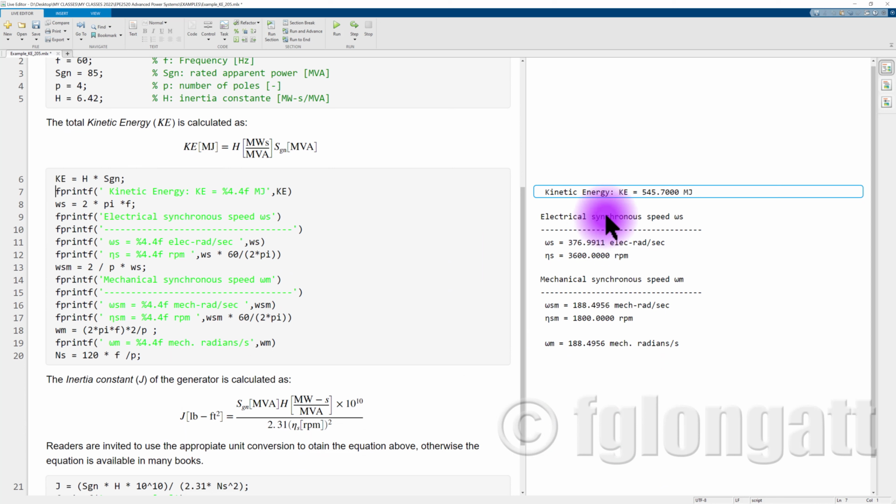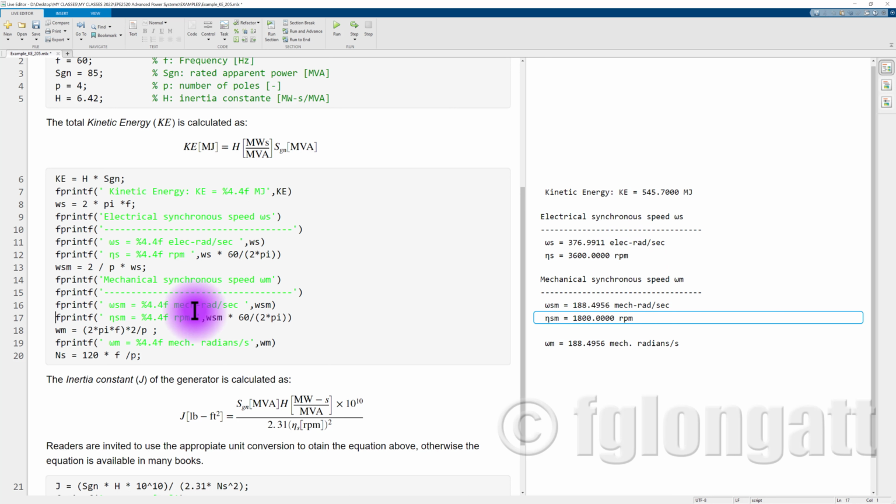The next step here, I calculate the synchronous speed. We have here at the top the electrical synchronous speed. Below that, we have the mechanical synchronous speed. And I use the different rotational speeds, in this case in electrical radians and mechanical radians per second and RPM.